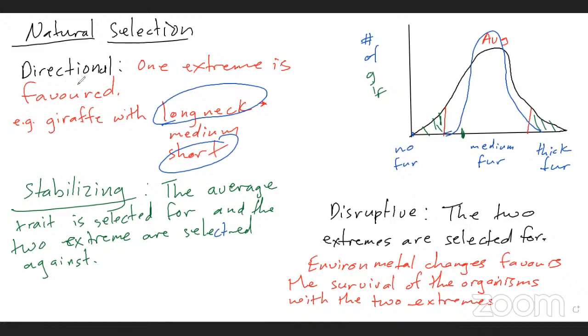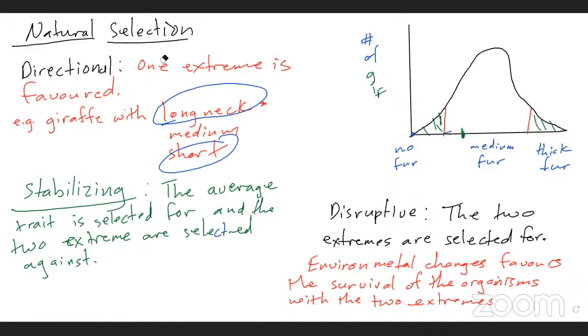So what will happen now? Let me ask you, how do you think the graph will look if the two extremes are selected for? Go up and then go down. It would go up and then go down, all right?